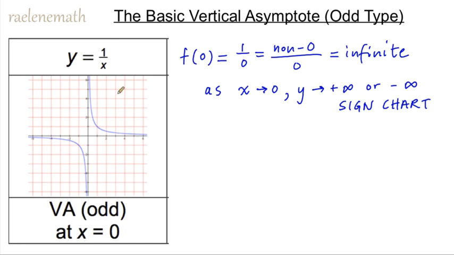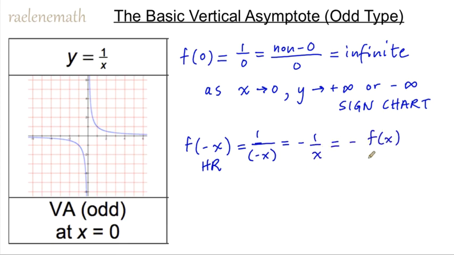Now this type of 1/x is called an odd type because this basic function has odd symmetry. And odd symmetry means that when we perform a horizontal reflection on the function by substituting negative x for x, we end up getting negative times the function, which means it's the same graph as if we had performed a vertical reflection.